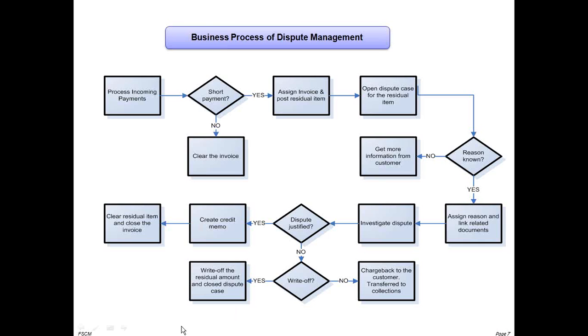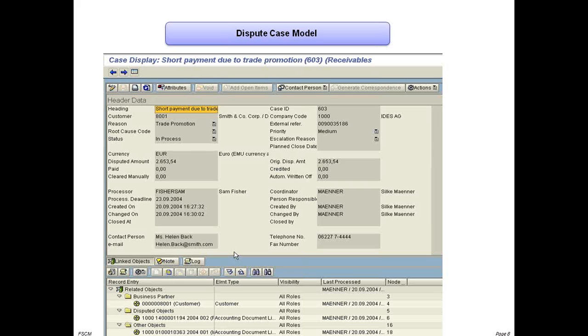Based on that, the dispute case will be evaluated and finally justified, whether an addition could be taken, whether we can go for the write-off of the dispute case, or we can clear the dispute case based on the incoming payment. I'll explain each step in future, and for each step a dispute case can be created or cleared. But this is the high-level information that I am going to provide to you.